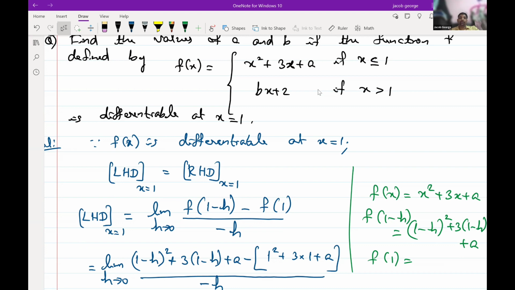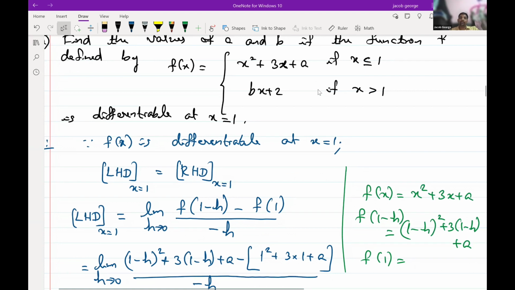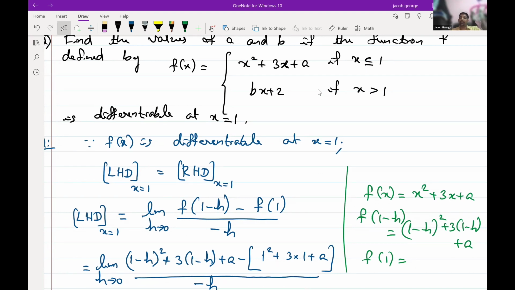Then we have to substitute this in the left-hand side function. The left-hand side function, I have written it in the rough space. f of x is x square plus 3x plus a. Then we substitute 1 minus h. f of 1 minus h is 1 minus h the whole square plus 3 into 1 minus h plus a. And f of 1 is 1 square plus 3 into 1 plus a.